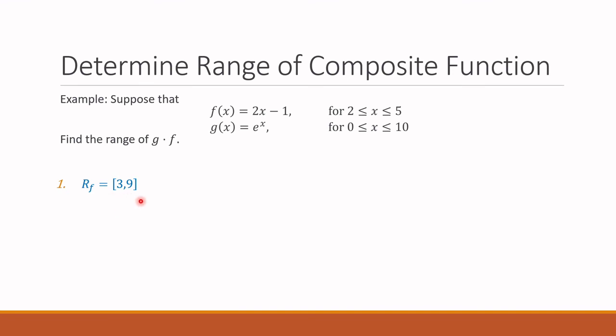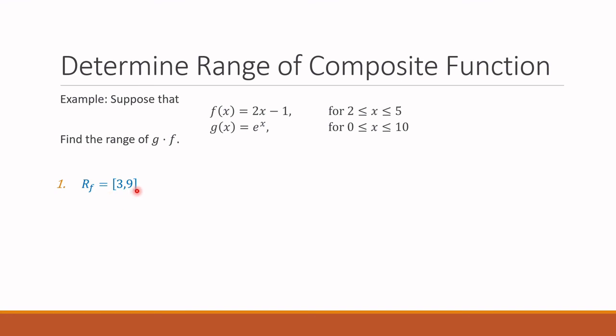Because my function is pretty simple, it's 2x minus 1, to find the range I can simply sub x equals 2 and x equals 5, and they will tell me the minimum and maximum values. Again, simply because this function is an increasing function, a straight line, you can just sub the endpoints. If you substitute, you should get 3 and 9. So this is my range of f.